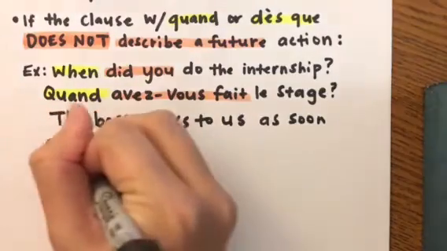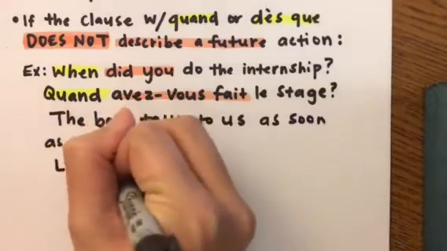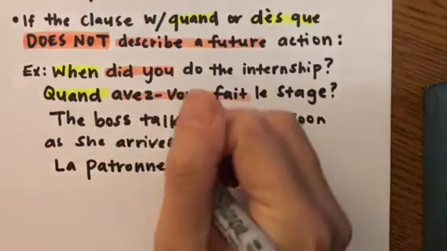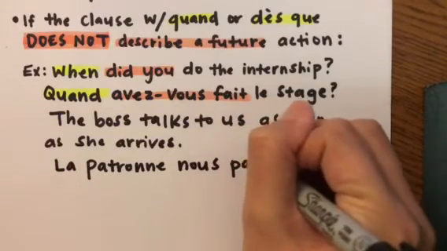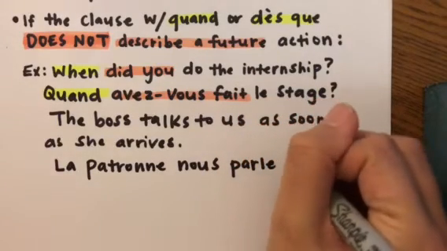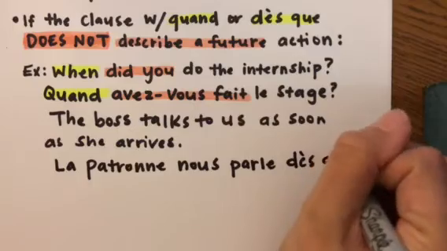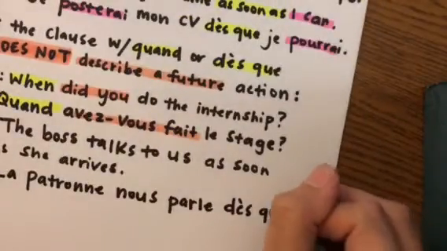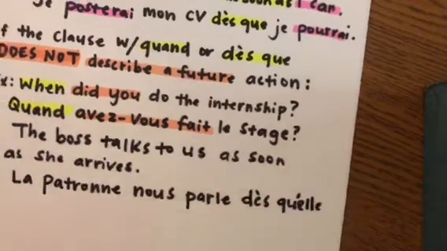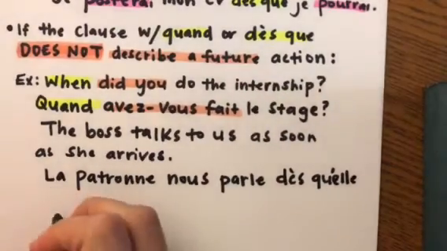So I'm going to say la patronne nous parle dès que, as soon as, oops, désolé, it'll be dès qu'elle arrive, because we got two vowels next to each other.